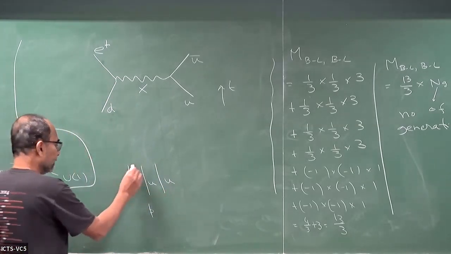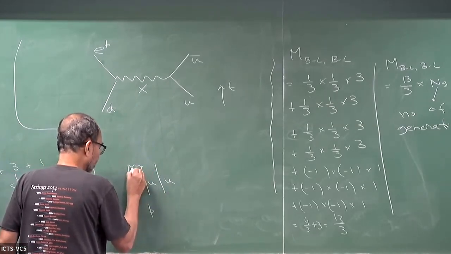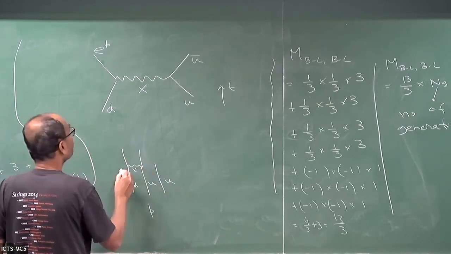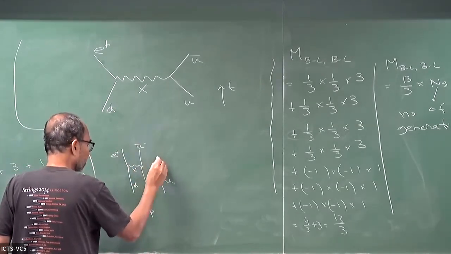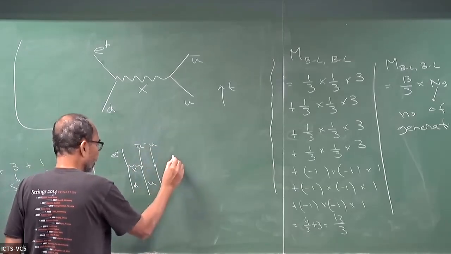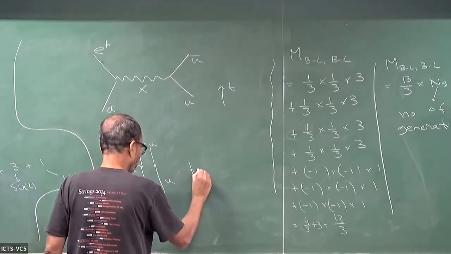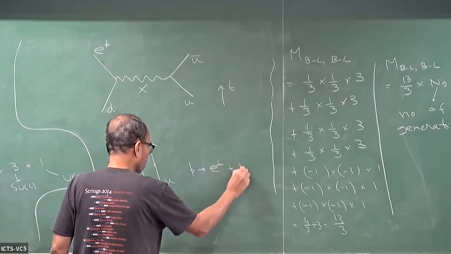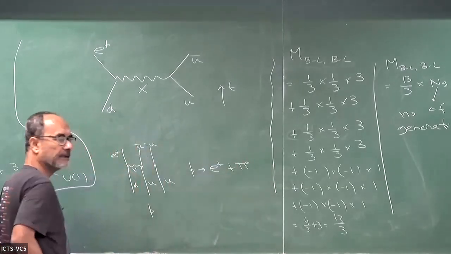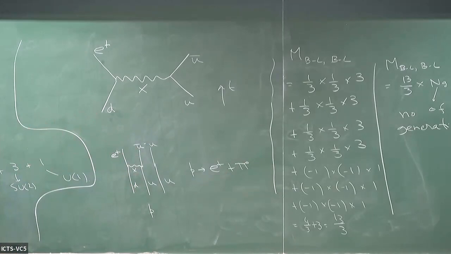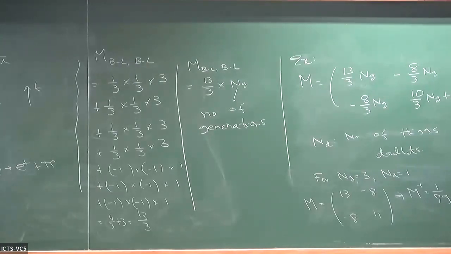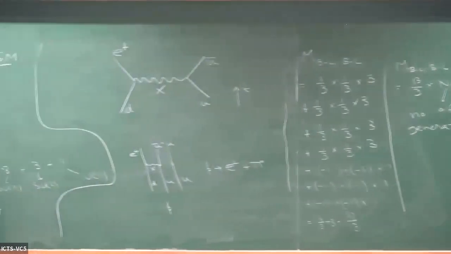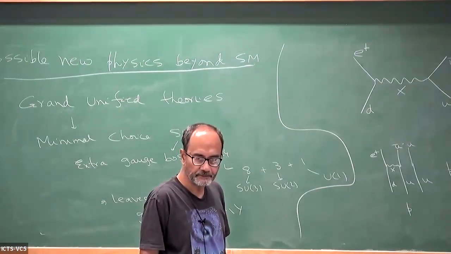And this UUD under an X boson exchange can become E plus and U bar U. So this gives you a channel for proton to decay into E plus pi naught; U bar U forms pi naught. So if there are X bosons like this, they will induce proton decay, and that of course causes baryon number violation.